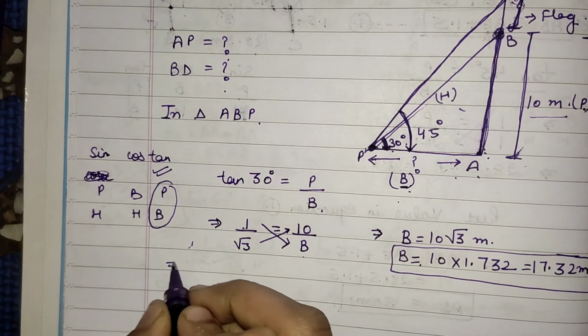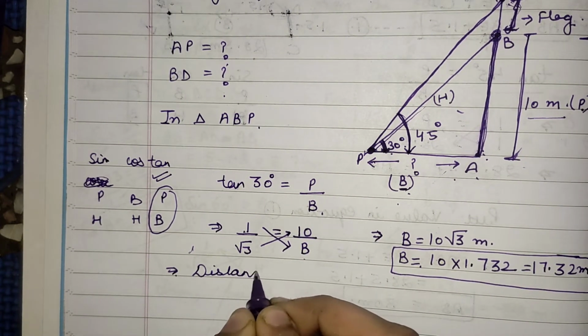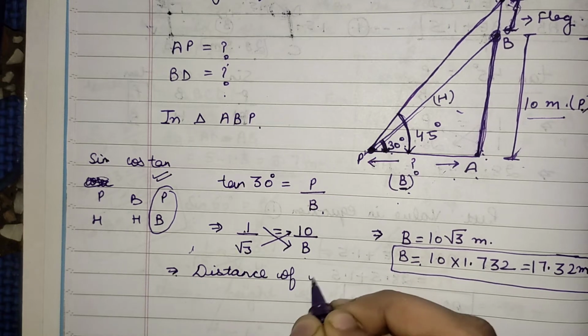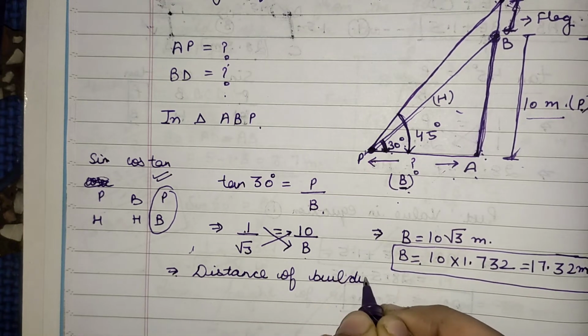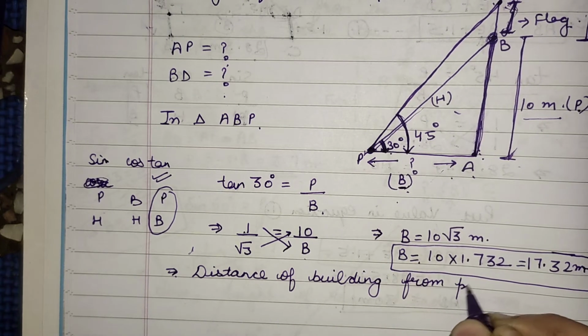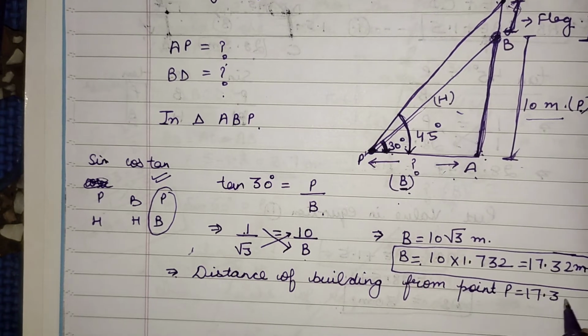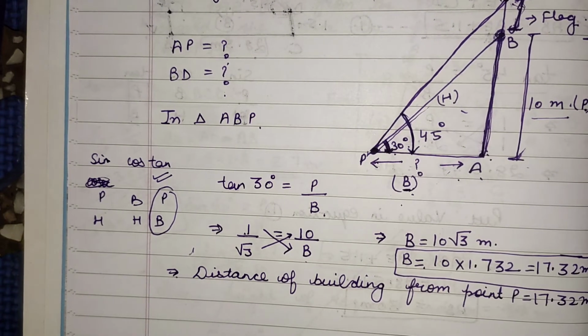Okay, so it is done. Base is the distance of the building from the point P. Distance of building from point P is equal to 17.32 meter.